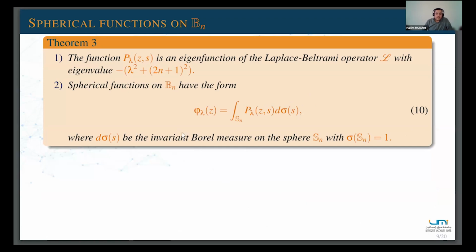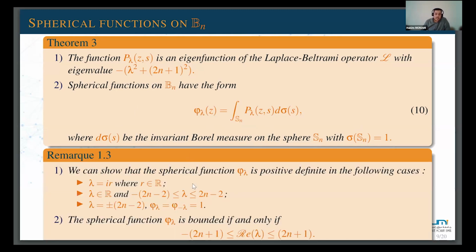Spherical functions on the unit ball. The function P_lambda(z,s) is an eigenfunction of the Laplace-Beltrami operator with eigenvalue this value. A spherical function on B^n has the form of the integral over S^n of this function, where the measure is the invariant Borel measure on the sphere S^n, with sigma of S^n equal to 1. There is some remark.